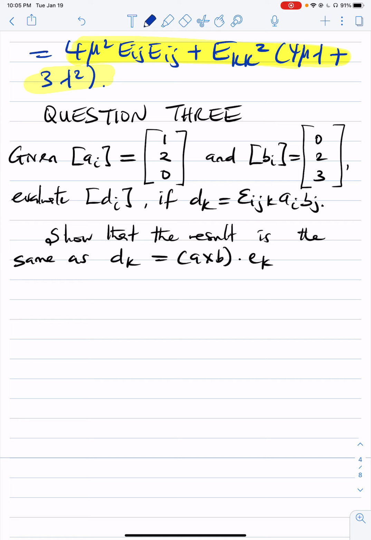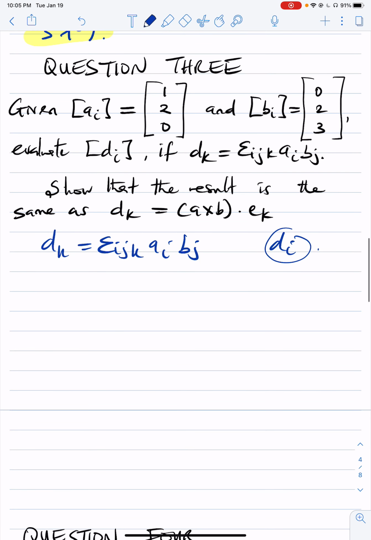So ai and bi, evaluate di. So if dk equals the permutation eijk aibj, we're supposed to find di, right? And we're told that this is the relation between them.